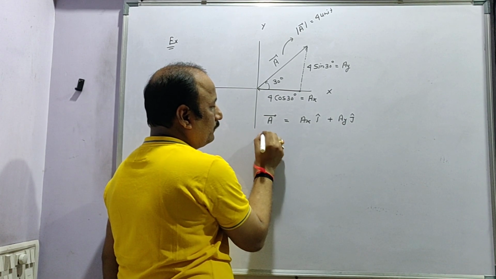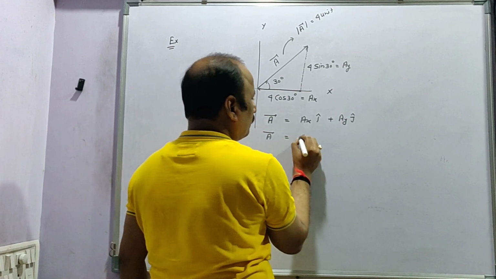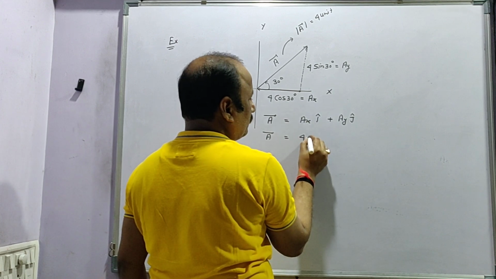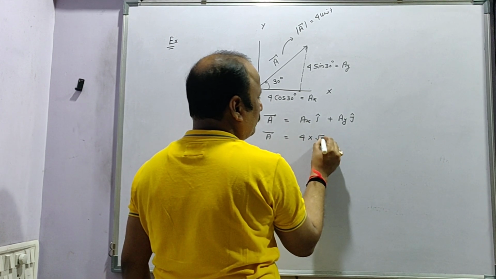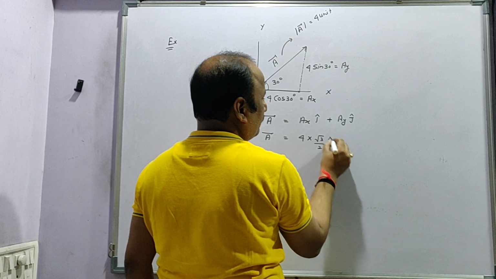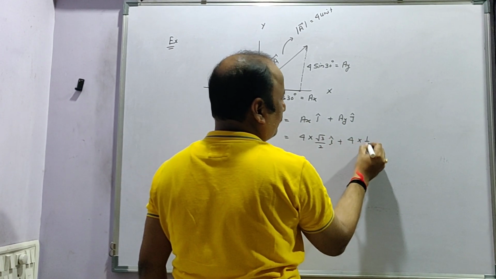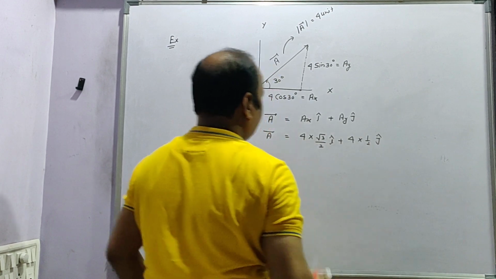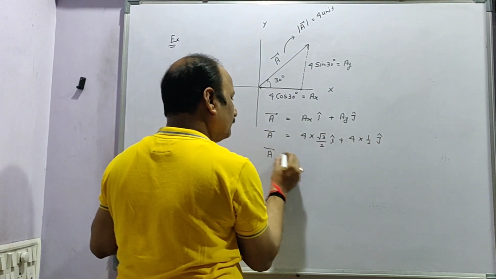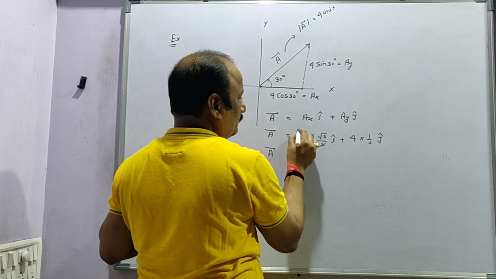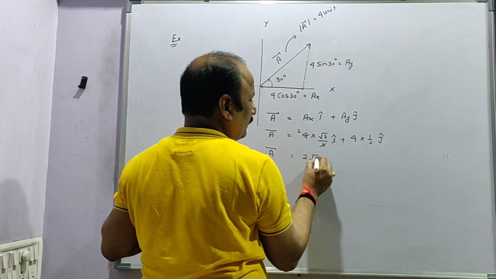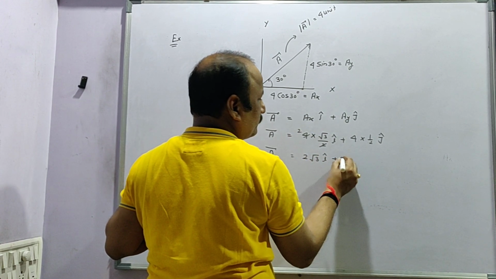So vector A is 4 cos 30, cos 30 is root 3 by 2, I cap. A along y is 4 sin 30, that is half, j cap. So vector A is 2 root 3 I cap plus 2 j cap.